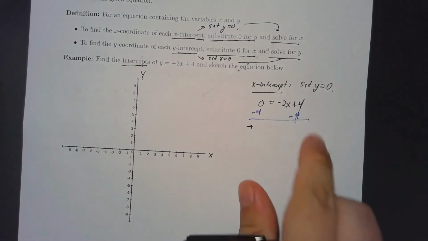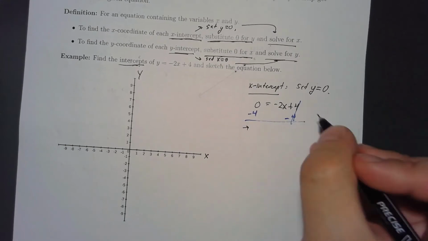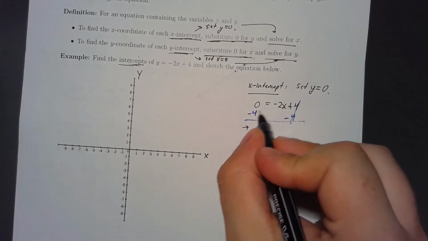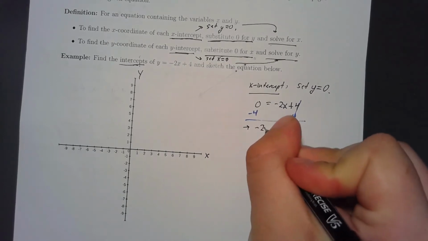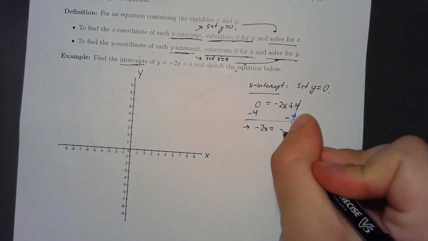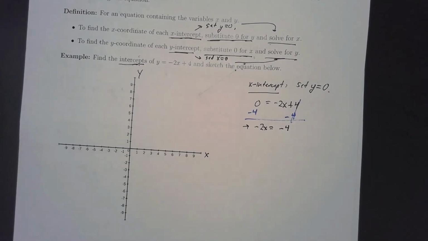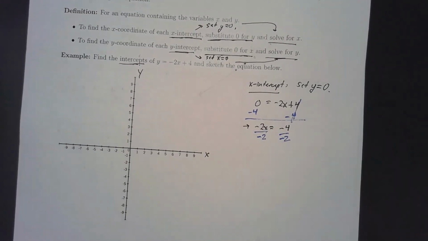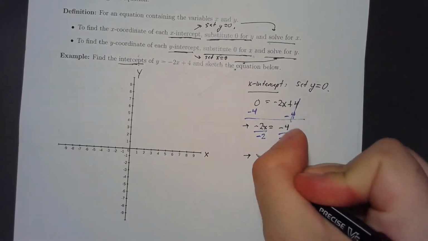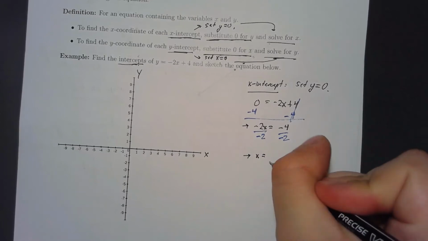Now I'm just going to rewrite this in the opposite order, which is the same thing. I have negative 2x equals negative 4, because these canceled out. So I have negative 2x equals 0 minus 4, which is negative 4. Now to get rid of that, you just divide by negative 2. And what you have is x equals negative 4 over negative 2. That's positive 2.